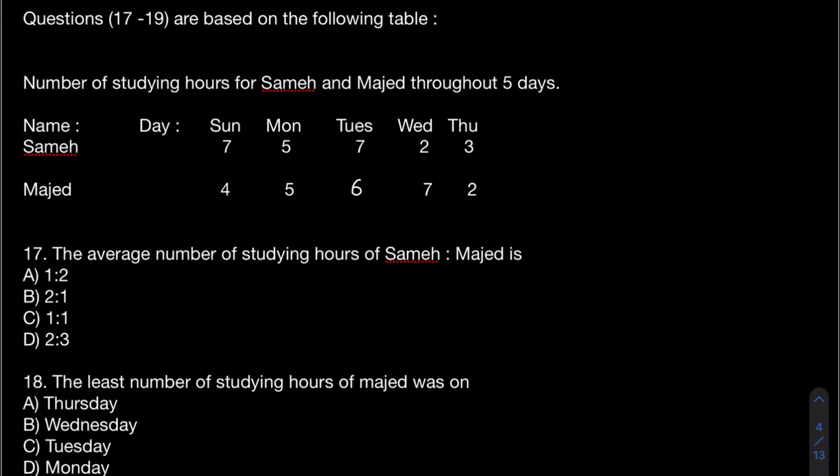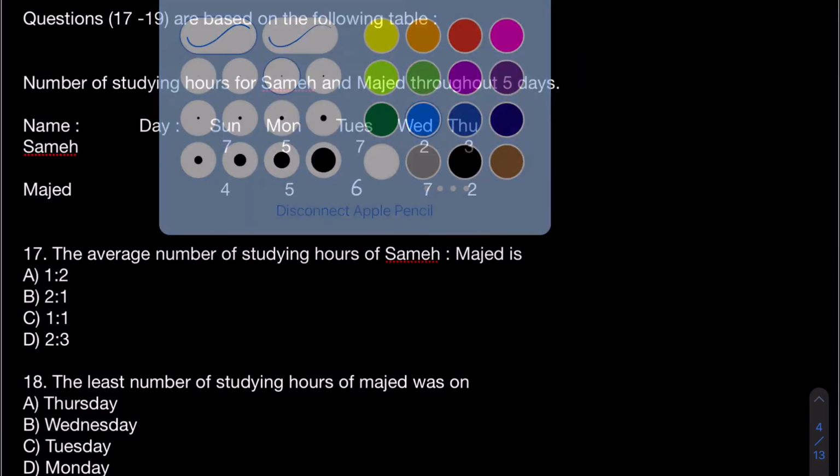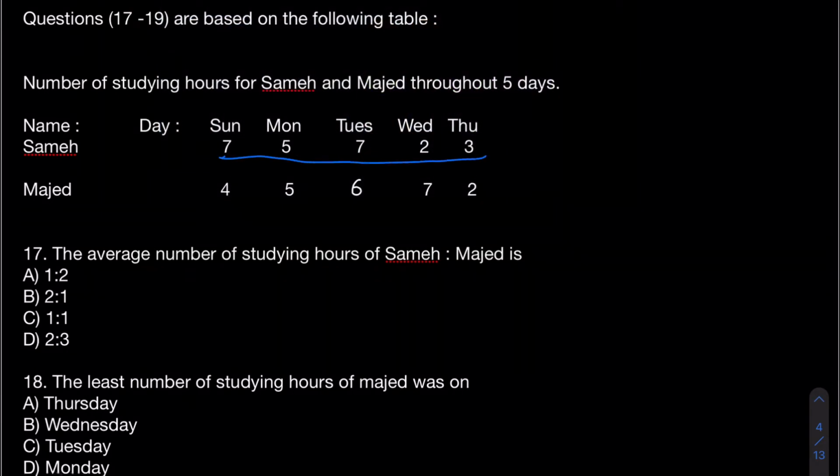The average number of studying hours of Sameh to Majid, in ratio form, is what? Since they asked for the average number of studying hours, we're going to take the average of each, starting with Sameh. 7 plus 5 plus 7 plus 2 plus 3.